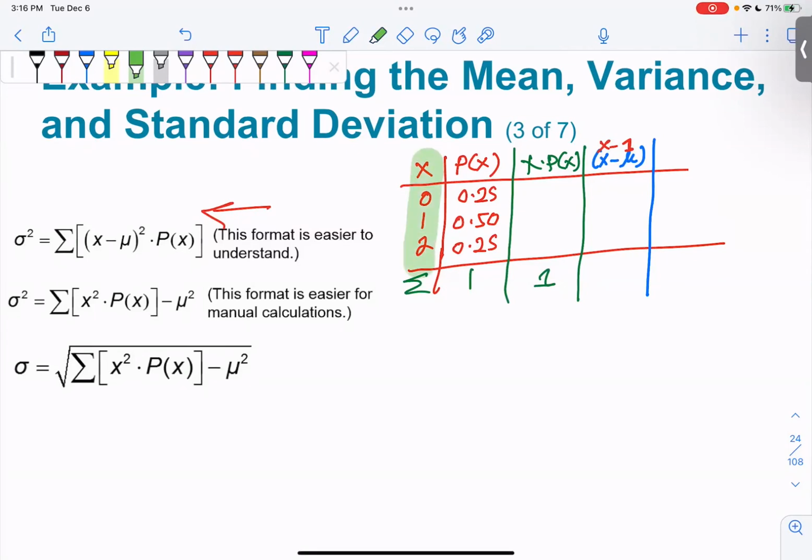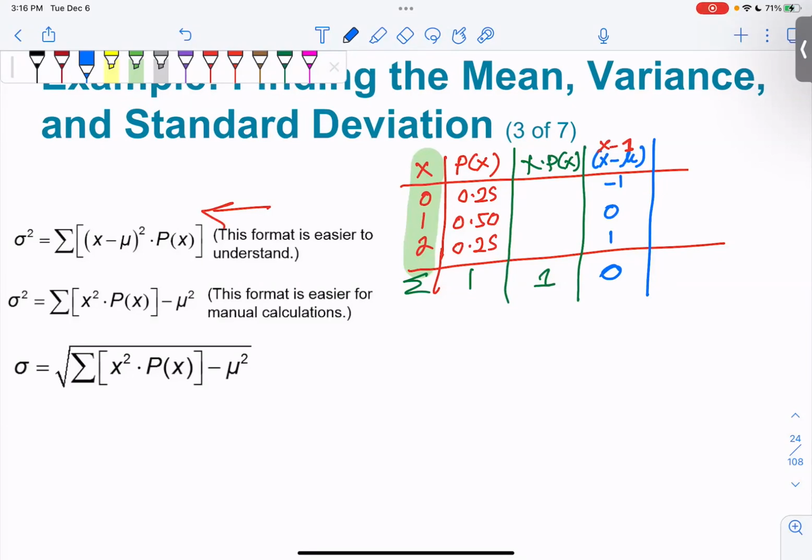So the first one will be 0 minus 1 equals negative 1. And then the second one will be 1 minus 1, 0. And then the third one, 2 minus 1 equals 1. The summation equals 0. This is all the time 0. So x minus mu summed is always 0. If you didn't get 0, that means you have some mistakes.